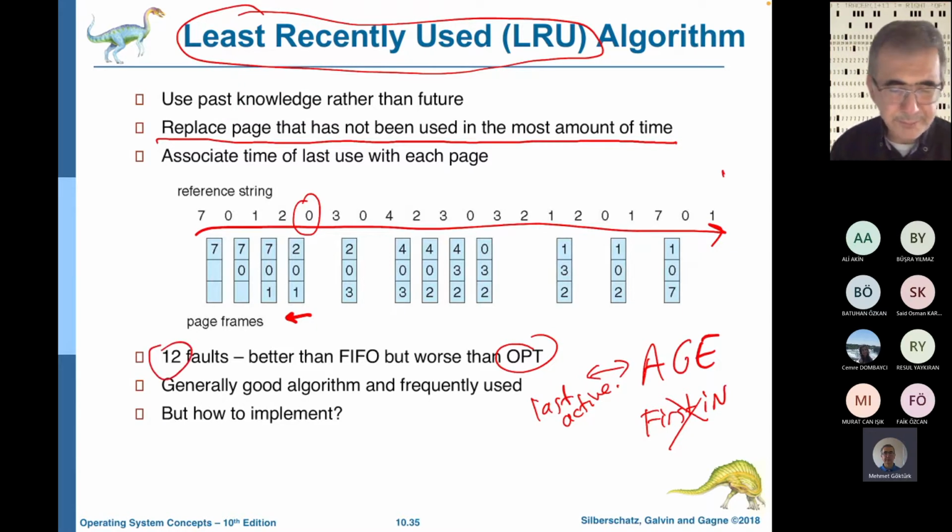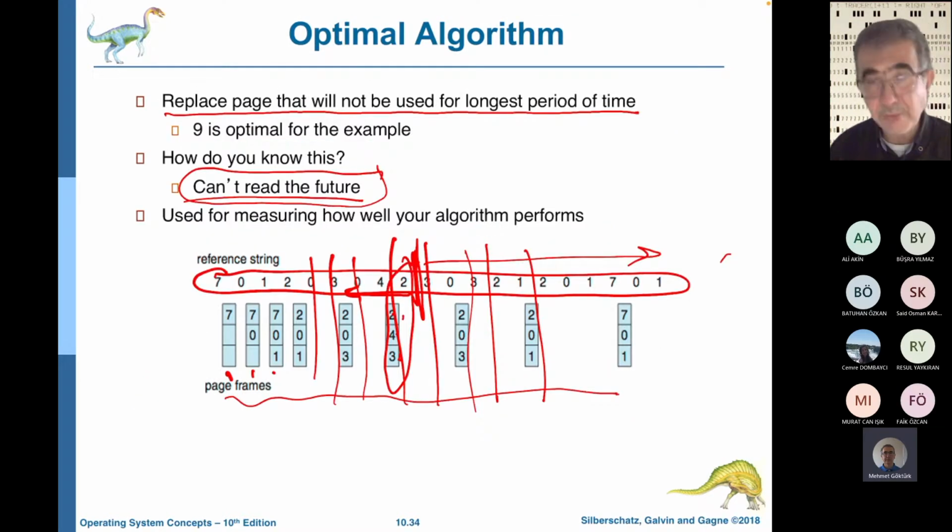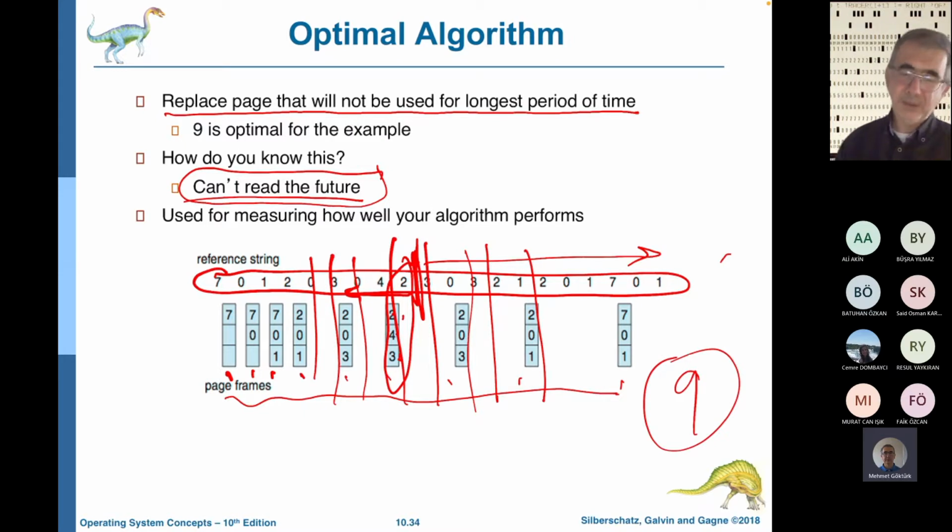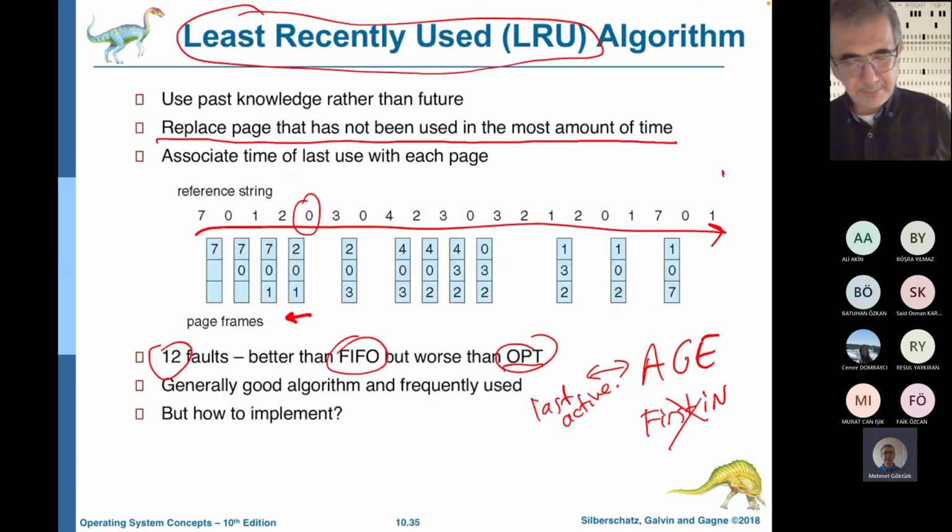Here, instead of 15, we now have 12 page faults. It is better than first in, first out, but worse than optimal algorithm. In the optimal algorithm, how many do we have? 1, 2, 3. 3 is obviously always there. 4, 5, 6, 7, 8, 9. So 9 page faults is the optimal algorithm, and with least recently used I have 12 page faults, which is smaller than 15 but larger than 9.